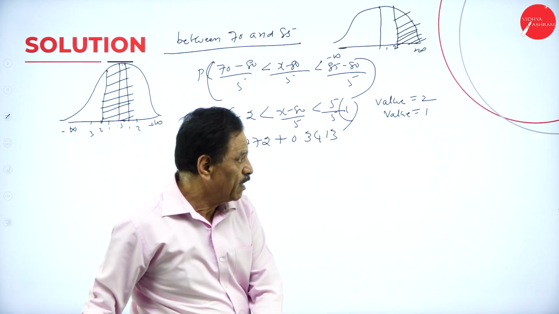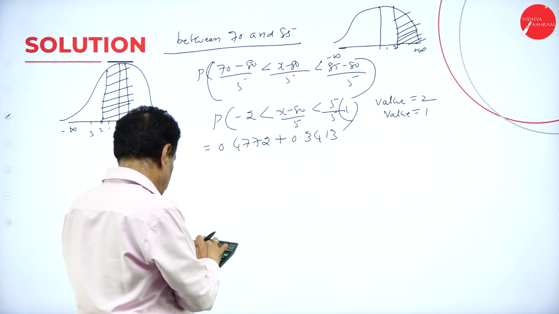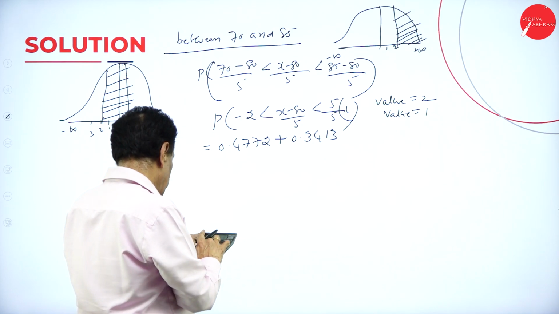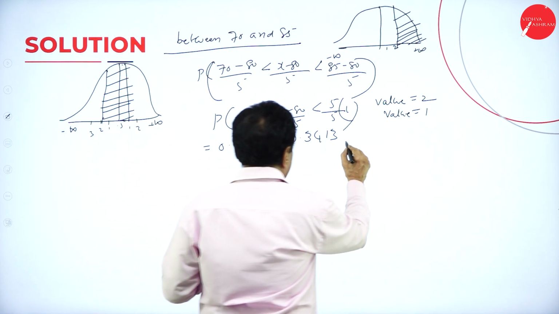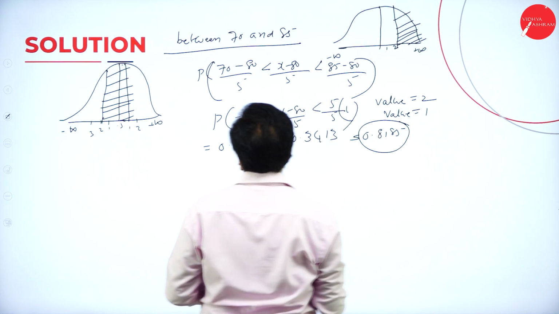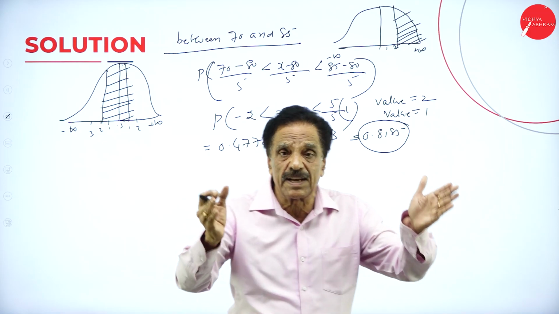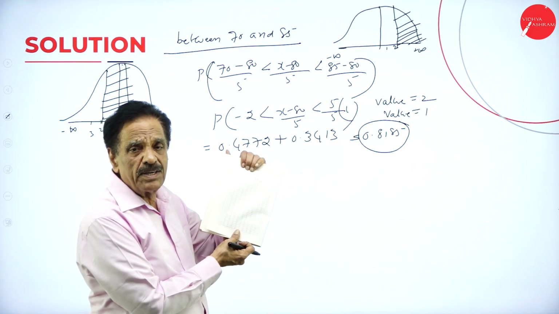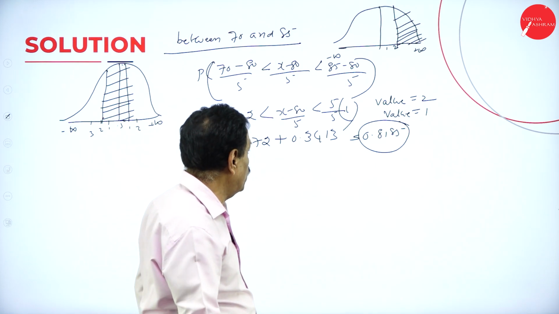Add the figures: 0.4772 plus 0.3413 equals 0.8185. This is the way you have to write. If the area lies on the left side and the right side, both should be added. Whatever the table gives, according to the table you have to look. So this goes in favor of the 2.